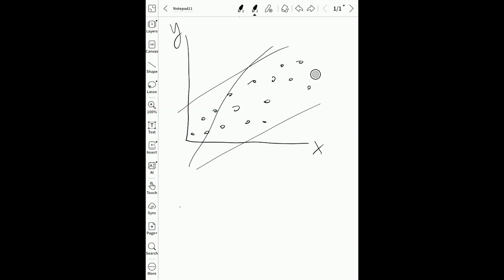At least they're not as useful as they could be, because what we want is a line that's going to take as good of information as it can from x to make a guess about y. And so the way that we're going to approach that today is we're going to look for a line that predicts y in a way that makes the least amount of mistakes.